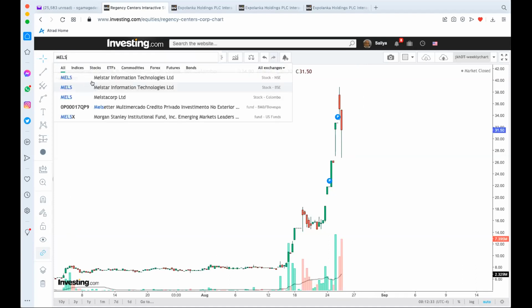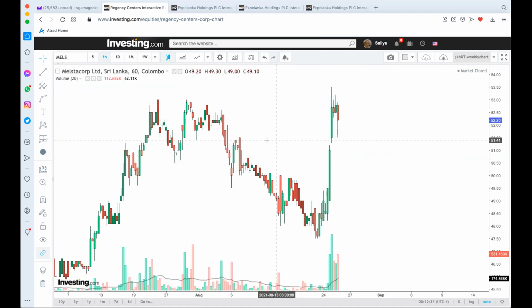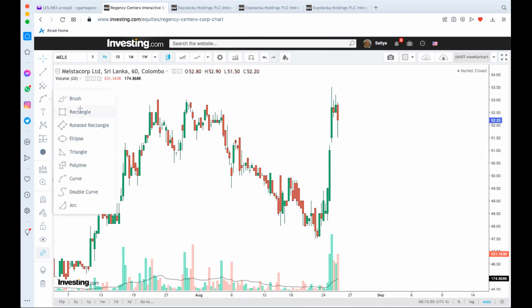Melstar, finally, this is the last thing since you all asked. Melstar again, watch this candle. The range of this candle is between 51.30 and 53.50. So let me highlight that.